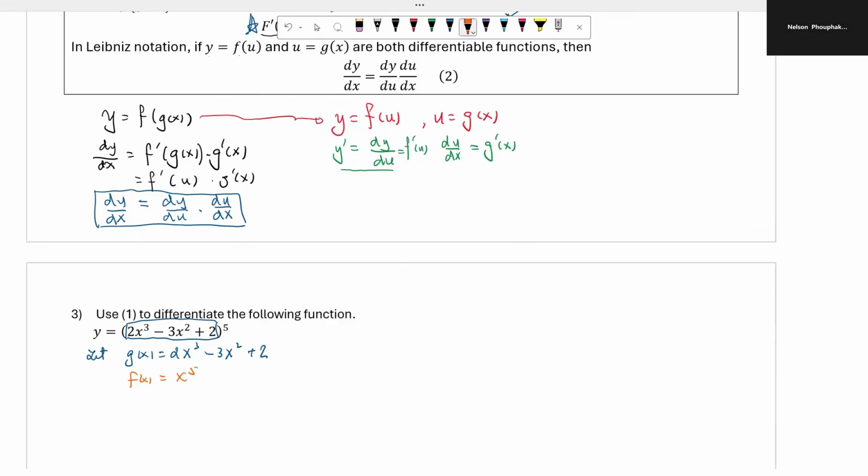Now I take the derivative of g, which is 6x squared minus 6x, and the derivative of f is equal to 5x to the 4th. And now, I have y prime equal to f prime of g of x times g prime of x.